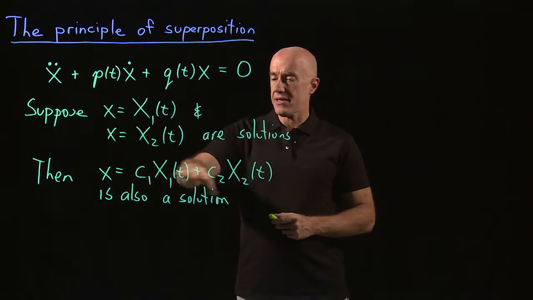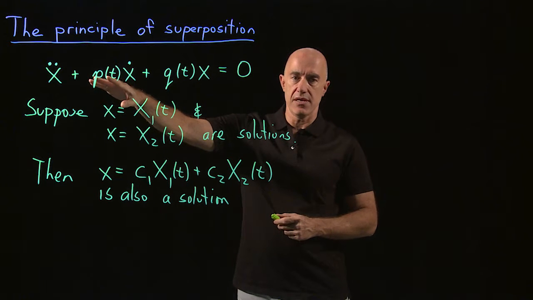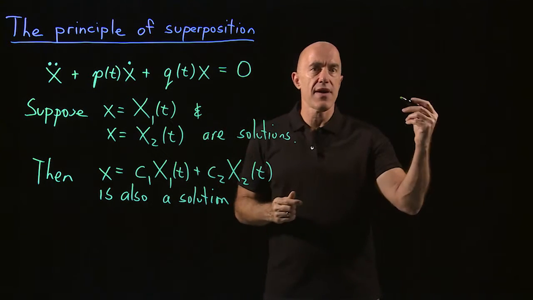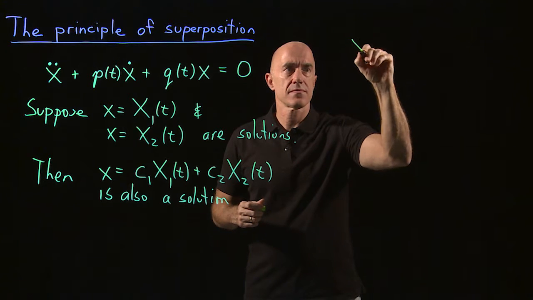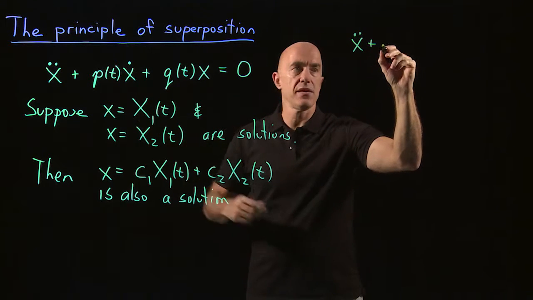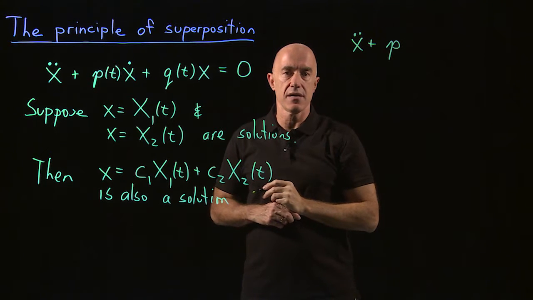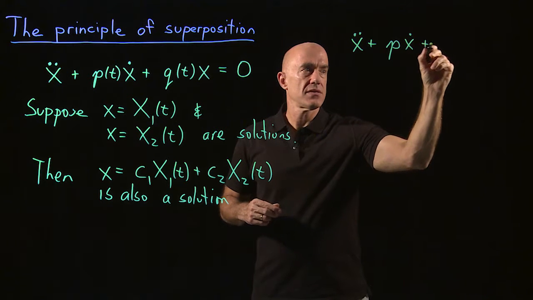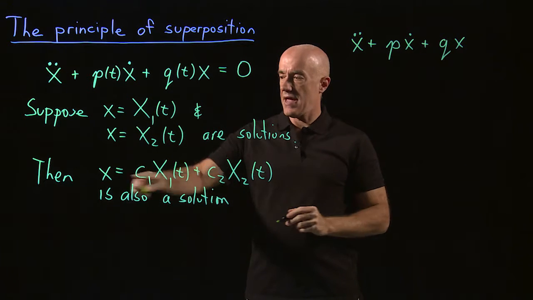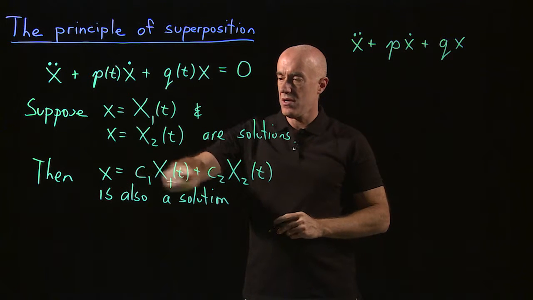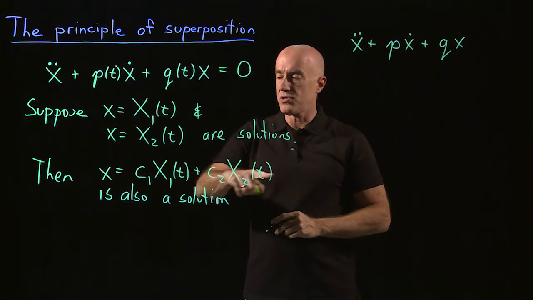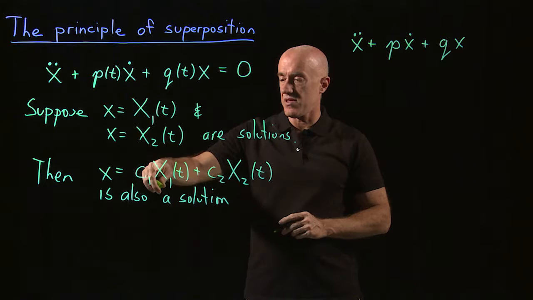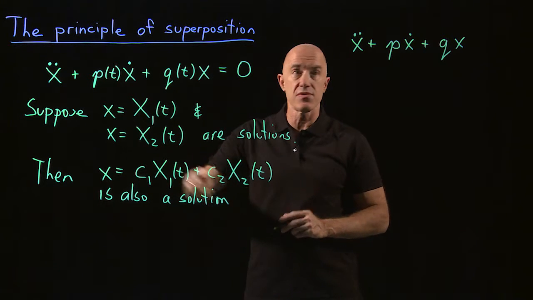We take our x and substitute it into the differential equation and show that we get 0. So we have our x double dot plus p of t times x dot plus q times x. Let me just drop the t. And then we need to differentiate our proposed solution. The derivative of the sum of two functions is the sum of the derivatives.